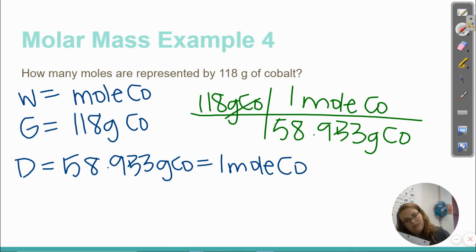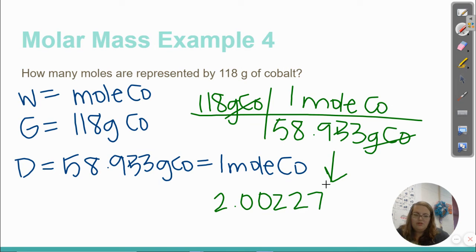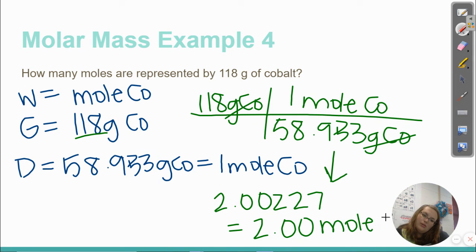Grams cancels. 118 divided by 58.933. So I get 2.00227. I'm going to round that to 3 significant figures. Well, that means it's going to be 2.00 moles Co.